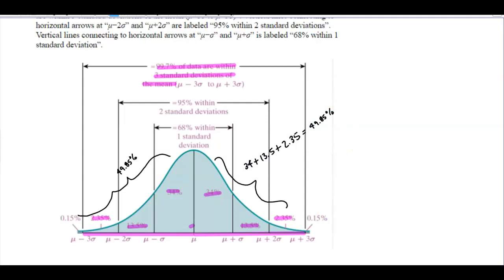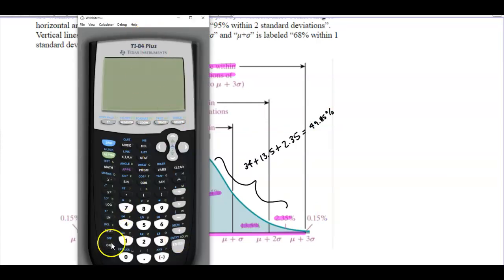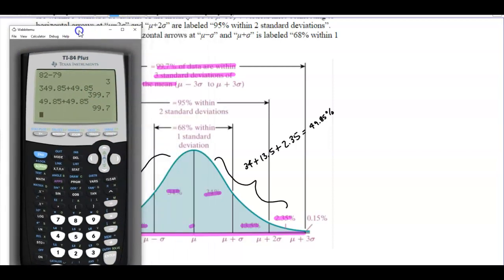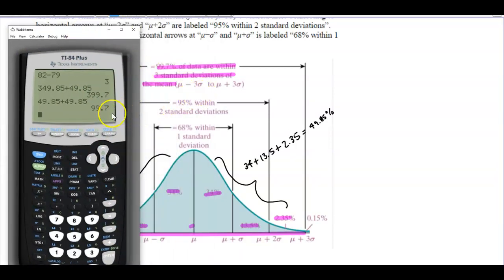So if we take 49.85 and add 49.85, that gives us 99.7. So that's where it's telling us it's within 3 standard deviations away from the mean.